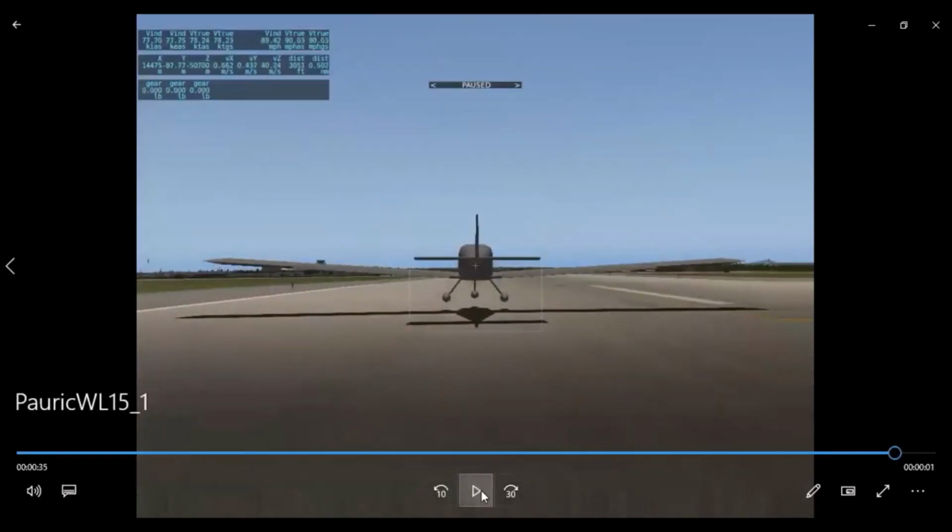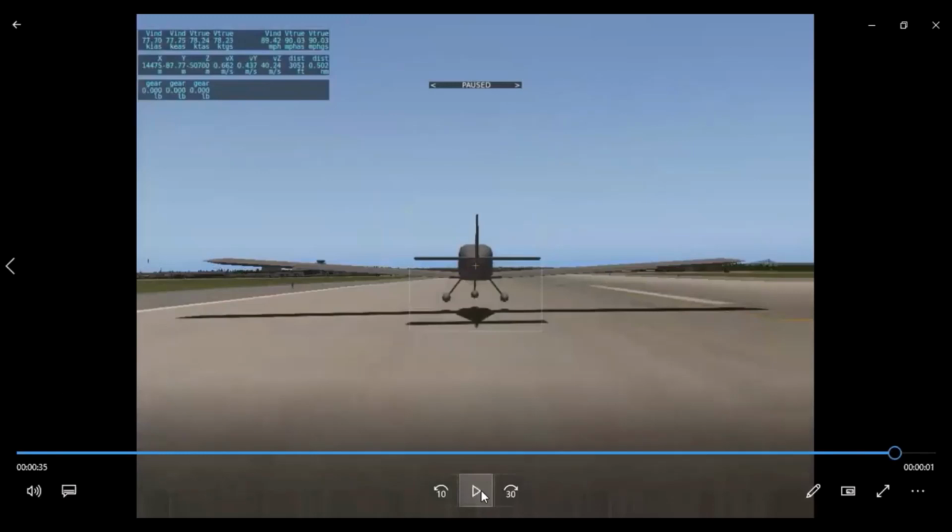So as you can see, it took significantly longer to take off. The distance was 3,051 feet to take off.